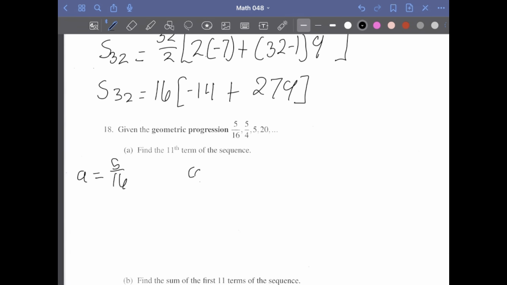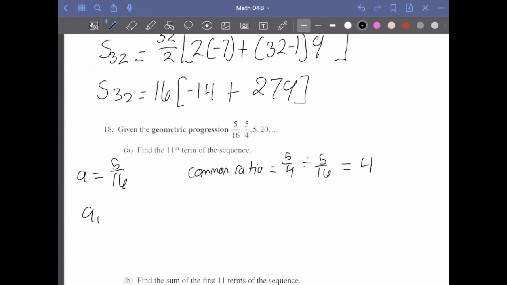So common ratio, that's 5 over 4 divided by 5 over 16. So that's 4, right? So we're going to use a and 4.